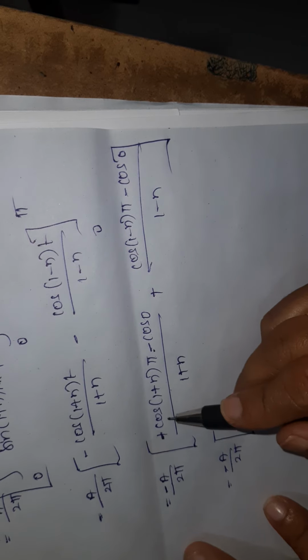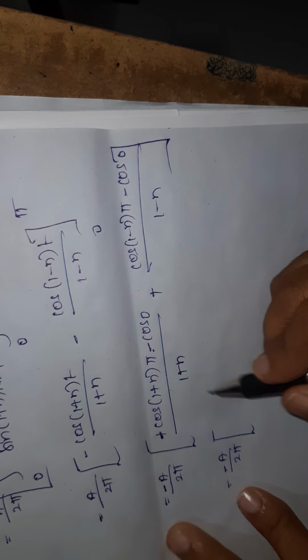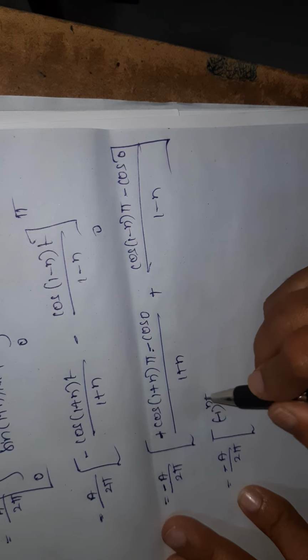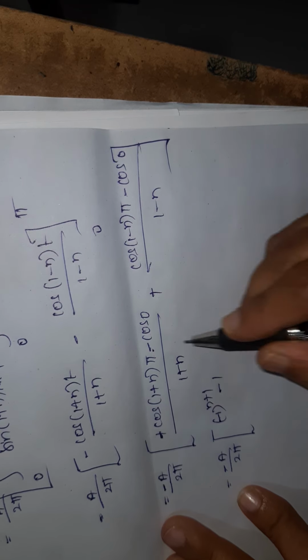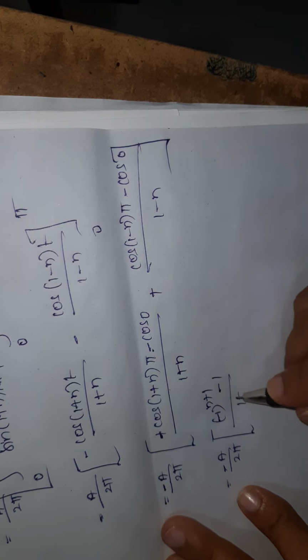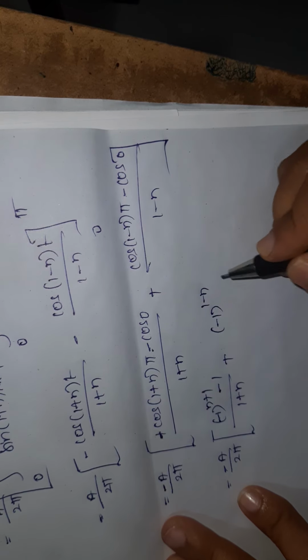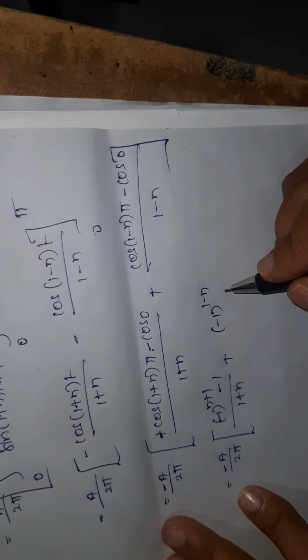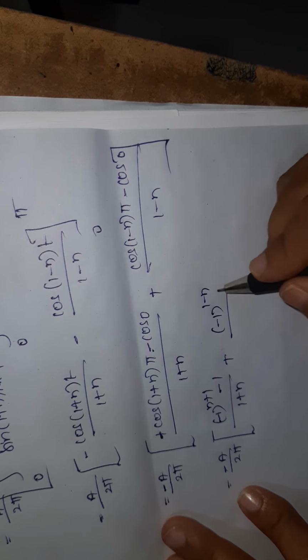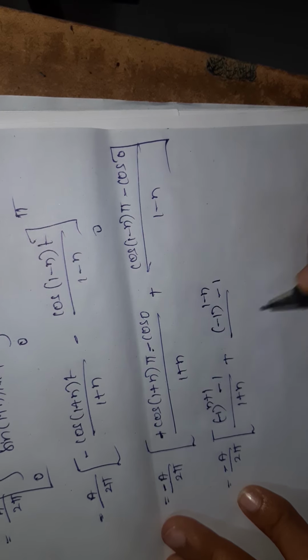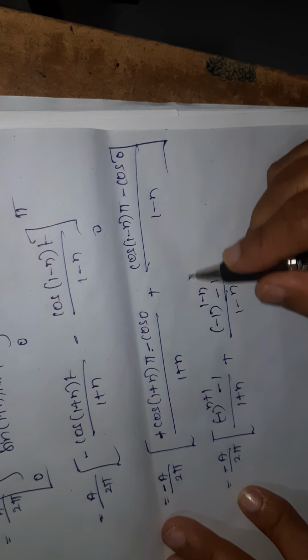So here I am having cos of 1 plus n into pi is nothing but minus 1 whole power n plus 1 minus cos 0 value 1 divided by 1 plus n, and here I am having minus 1 whole power 1 minus n divided minus 1 divided by 1 minus n.